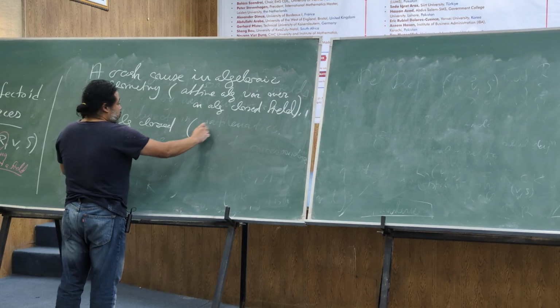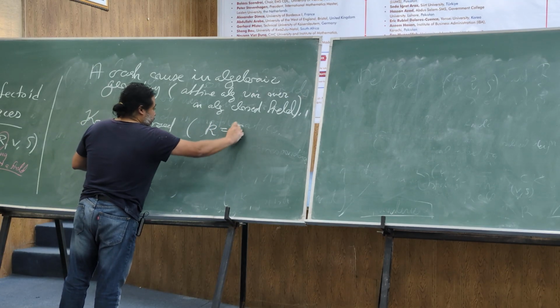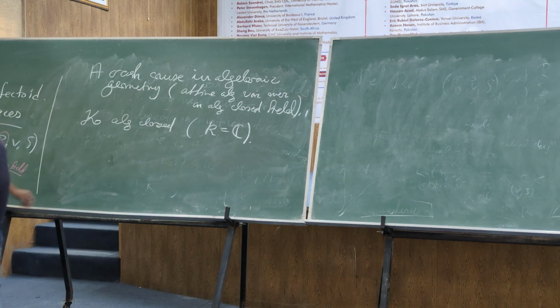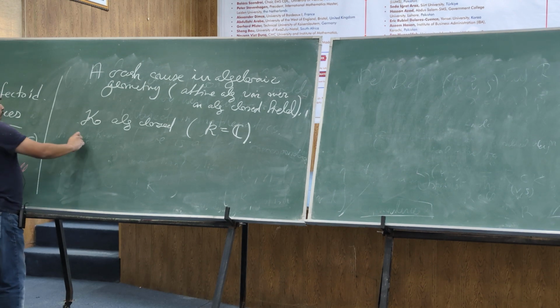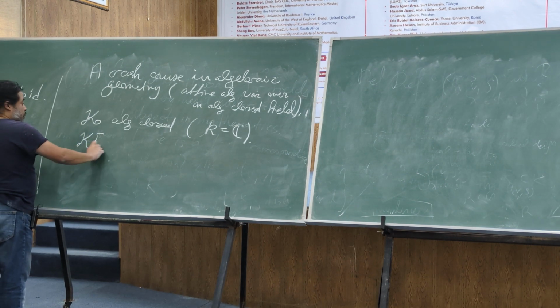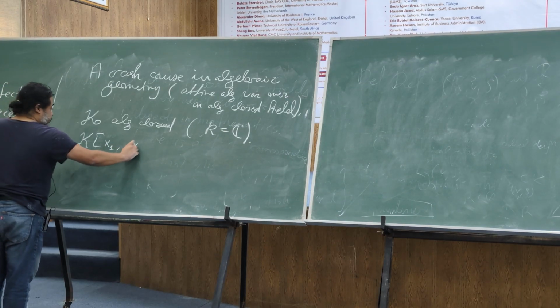And if you want, you can suppose that K equals C. Now, I will take the ring of polynomials in n variables.